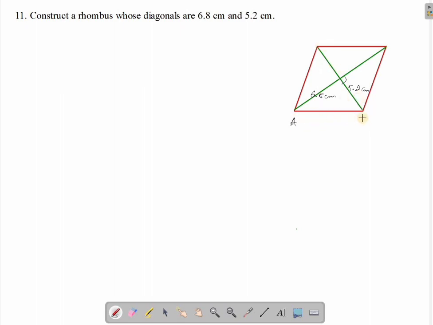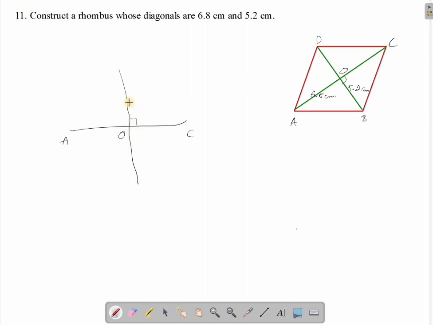Let me write A, B, C, D. Let's say you take AC. I am just showing you a rough sketch here, so you do it by yourself. And after that you draw the perpendicular bisector. Okay, so that point is going to be your point O. Now no need to construct 90 degree, because this is already 90 degree.